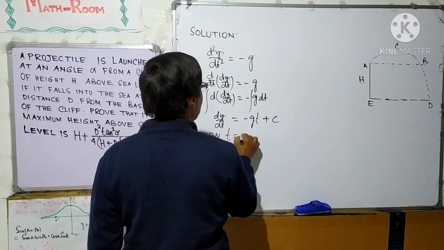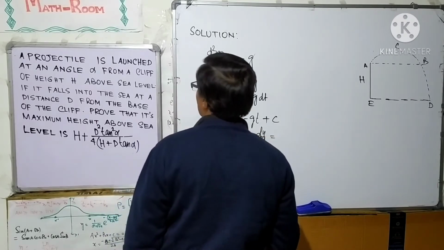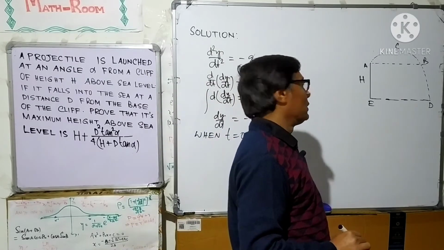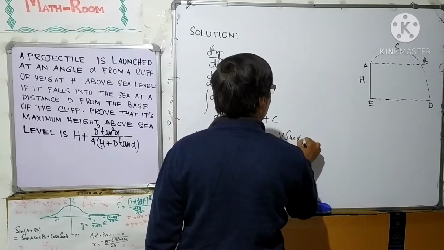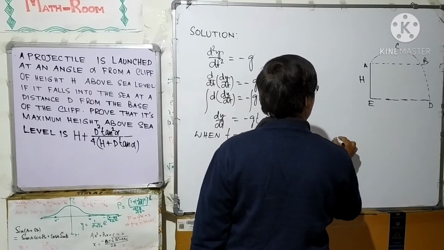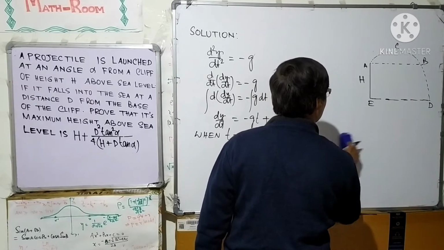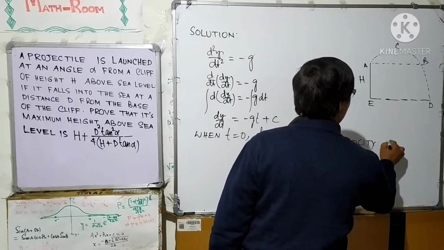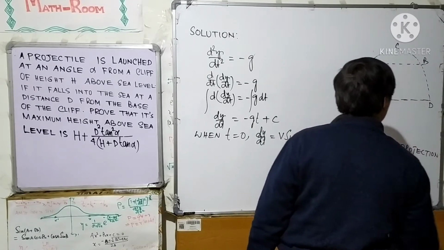When t equal to 0, then dy dt equal to, suppose v, dy dt equal to v sin alpha, where v is the velocity of projection.